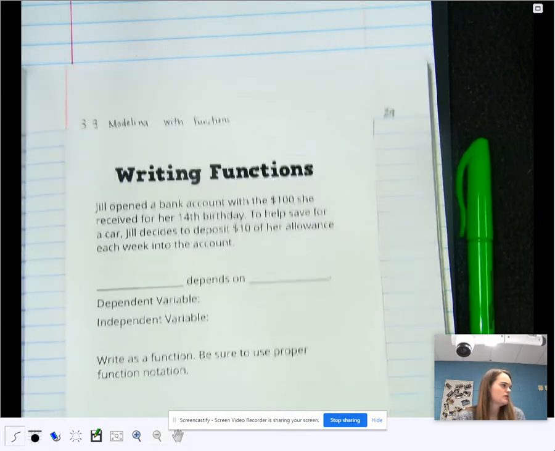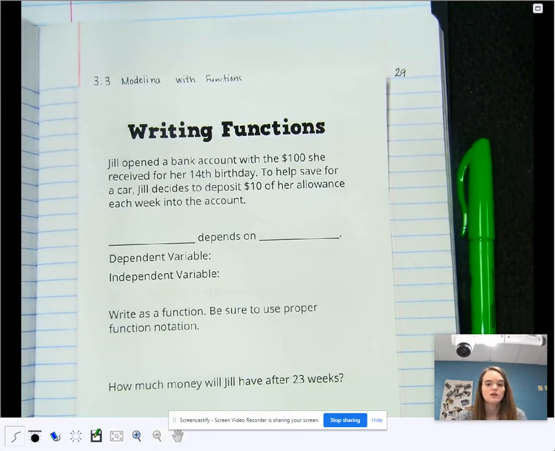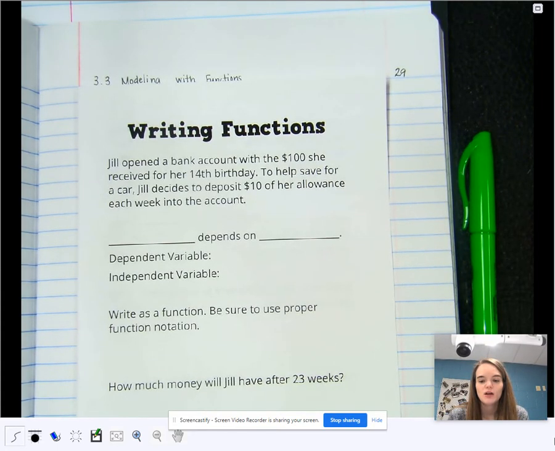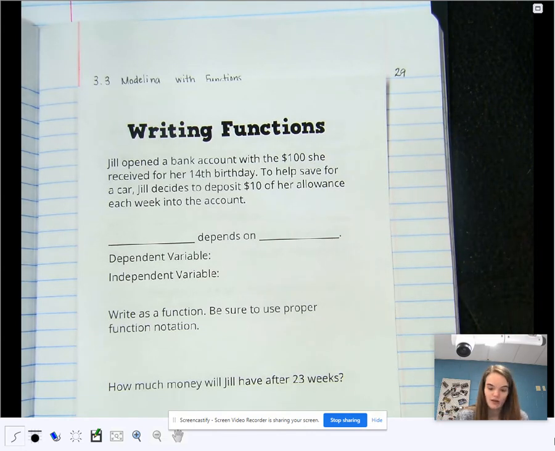So the first question says, Jill opened a bank account with the $100 she received for her 14th birthday. To help save for a car, Jill decides to deposit $10 of her allowance each week into the account. Alright, we're going to highlight our important information.